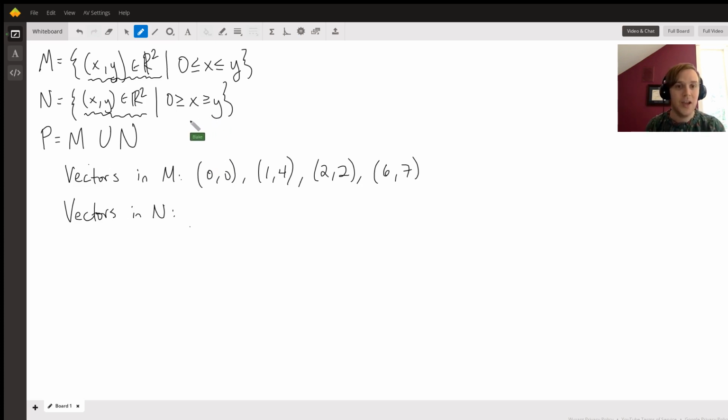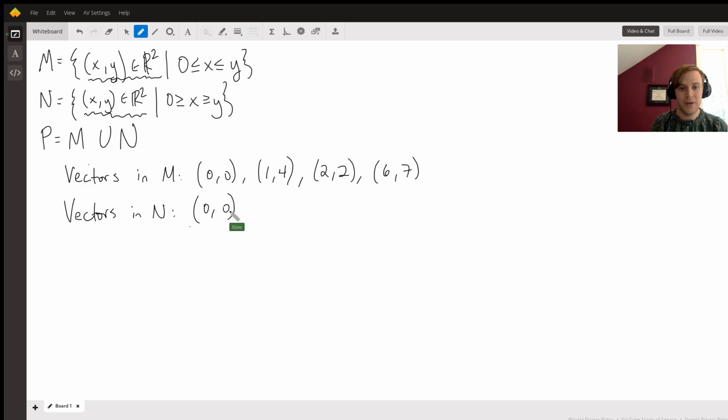In other words, both of the coordinates have to either be 0 or a negative number. And also, the x-coordinate now has to be greater than or equal to the y-coordinate. Not like M, where x could be less than or equal to. Now, x can be greater than or equal to the y-coordinate. So let's think of some examples.